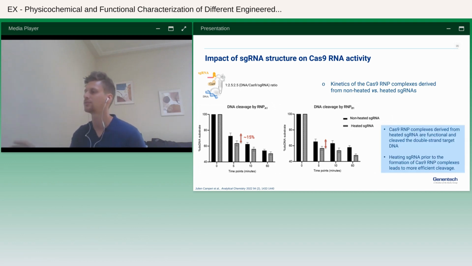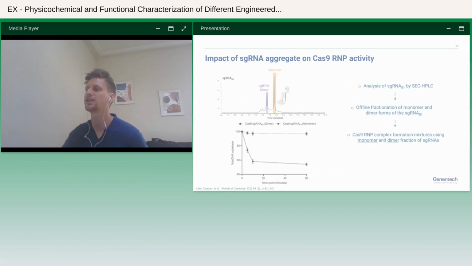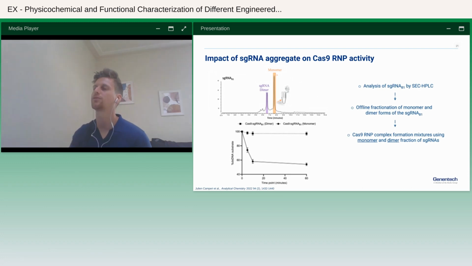So basically from that, we can first conclude that the Cas9 RNP complexes derived from edited single guide RNA are functional and cleave the double-strand target DNA. And when we edit the single guide RNA prior to the formation of Cas9 RNP, it leads to more efficient cleavage. And so why? The explanation is coming from here. In order to prove that, we analyzed the single guide RNA and then did the offline fractionation of the monomer and the dimer of the single guide RNA.